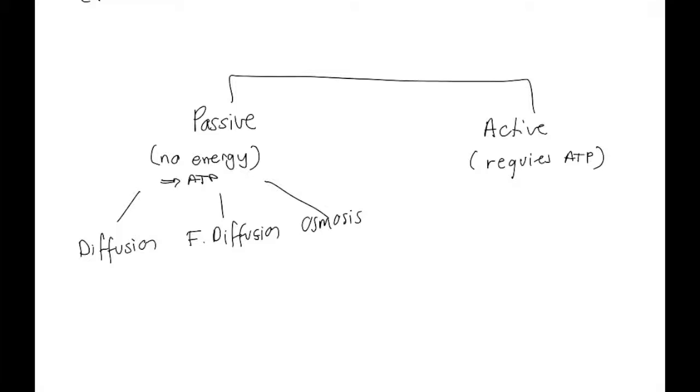And then we have, let me count, 4 active processes. Well, really 3 with a couple of sub-branches. We have one that just gets called active transport, which is using a protein pump. These are the ones that are going to pump ions across.